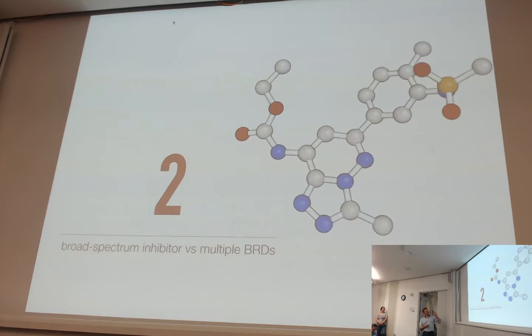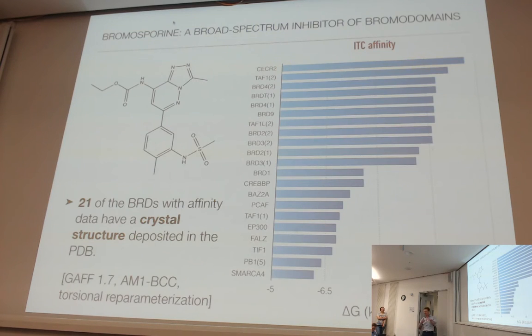And what I wanted to move on to talk about most of today was actually the other kind of question. That was saying, here are a lot of different ligands binding to one particular protein, but there's another kind of question, which is basically, if you have one ligand, can you say which protein it likes to bind to? In other words, multiple bromodomains in our case.